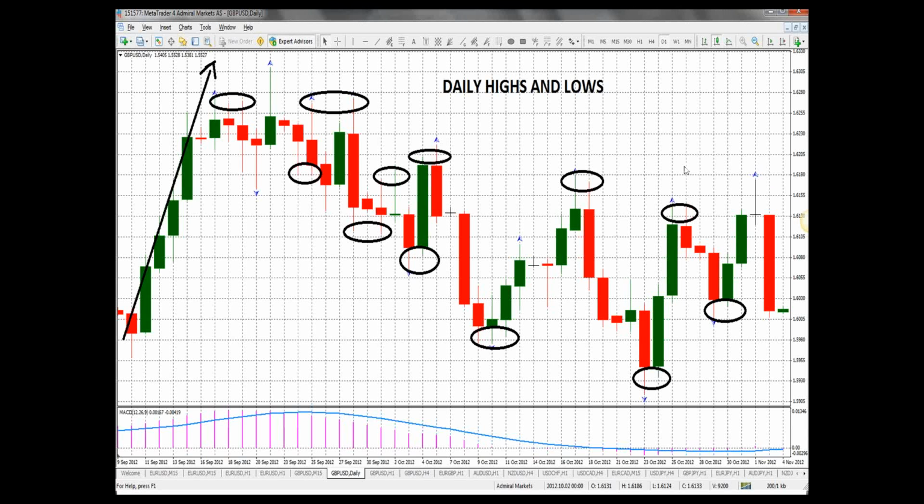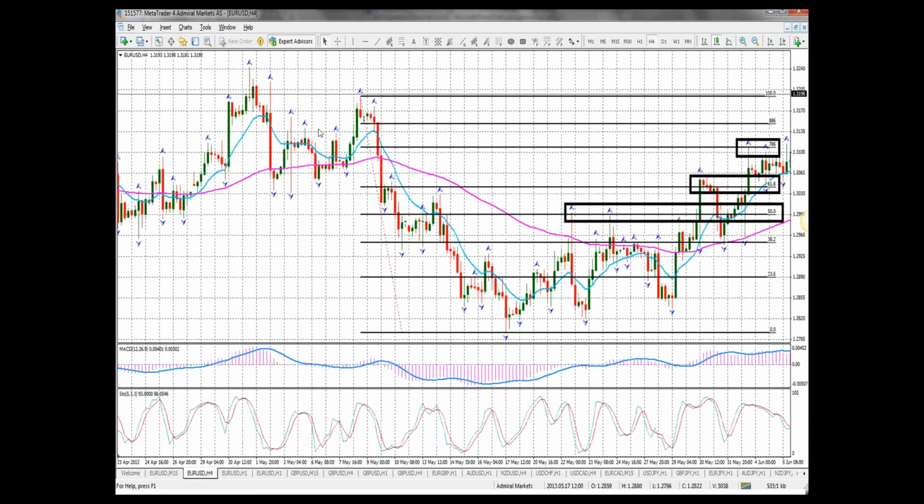Great. Okay, cool. So fibs, of course, are also well known for their ability to act as resistance. This is the euro dollar before it hit the 133 now.